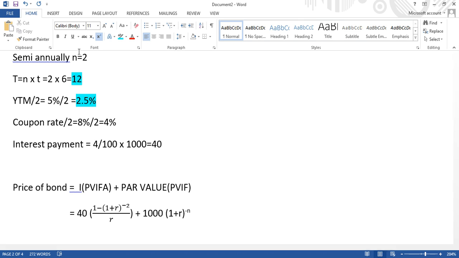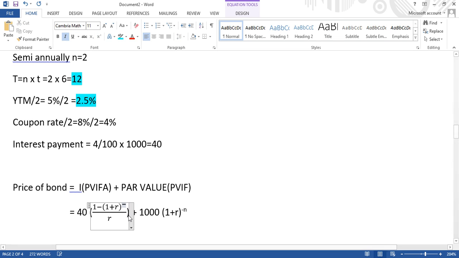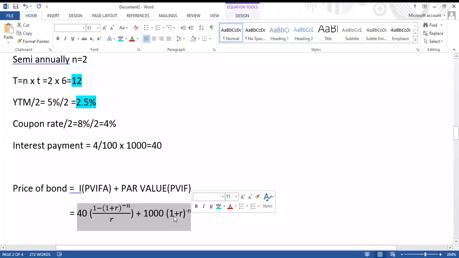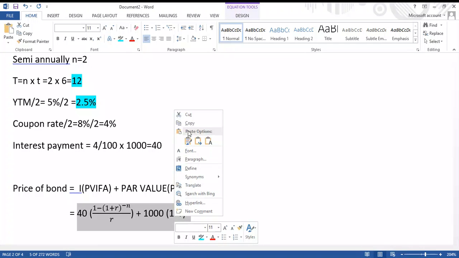All right, so we find our 40. Oh, this wasn't supposed to be to the power negative 2, to the power negative n. Oops, I don't know why I put negative 2 there. All right, so we just do our substitutions.